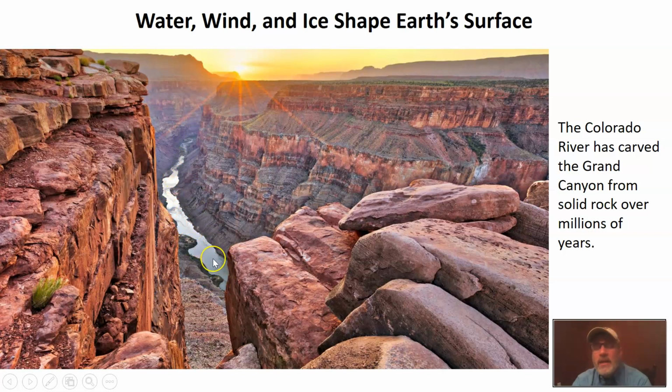Over many millions of years, as this river has been flowing, it's been carving down into the rock. The sediment has abraded its way down through the rock, and it has made this really deep canyon. If you think about this, it's many, many feet deep, but this river has produced these huge changes in Earth's surface.